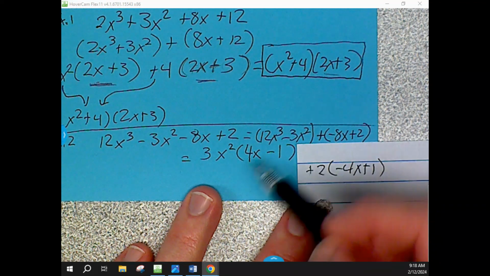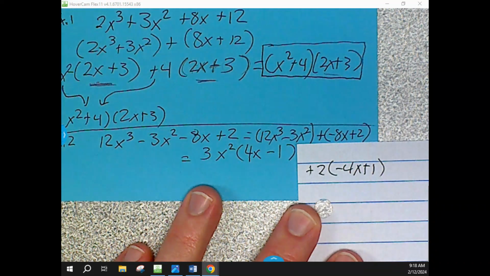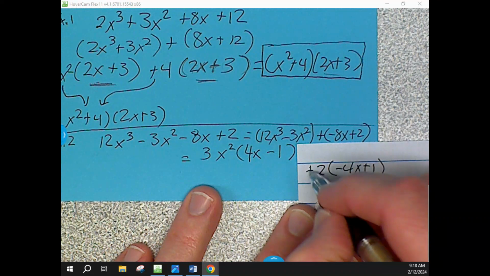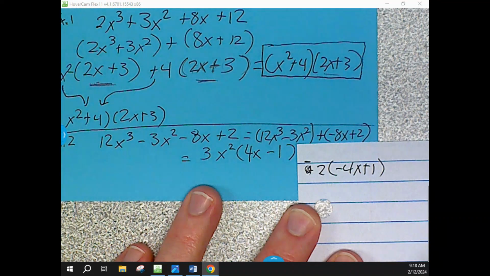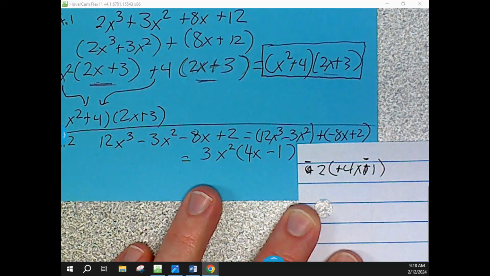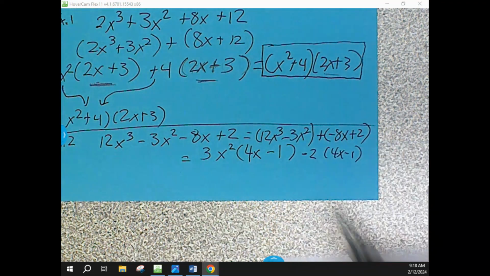So if you have the correct numbers, but the signs are reversed, then that means instead of taking out a positive 2 on the second one, that's where we should have taken out a negative 2, because then that'll change that to a positive 4. That'll change that to a minus 1. So if you have the right numbers, but the signs are wrong, instead of taking out a positive, that means you need to take out a negative. Or maybe you took out a negative, maybe you should have just taken out a positive. So it's just a matter of kind of matching those up.